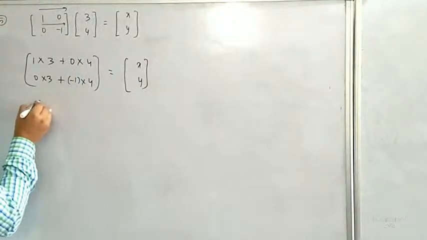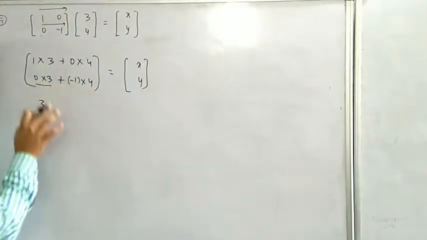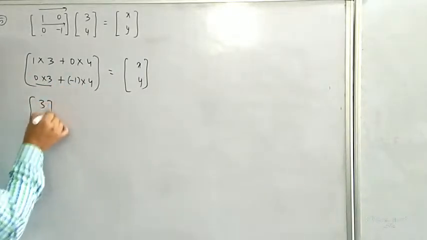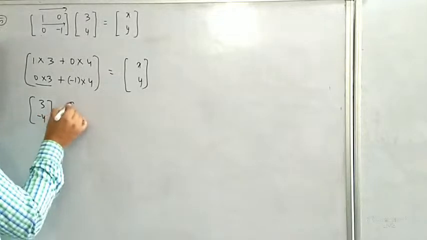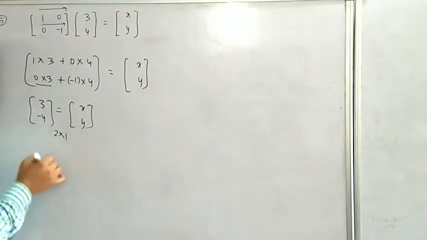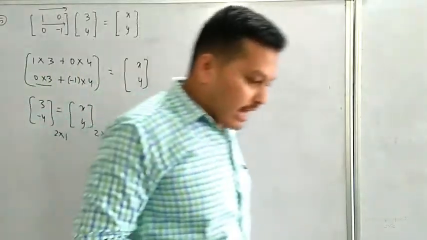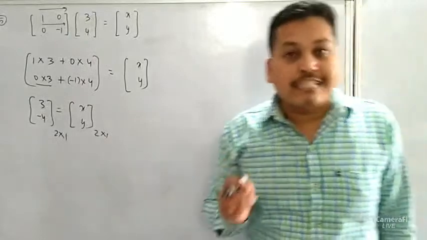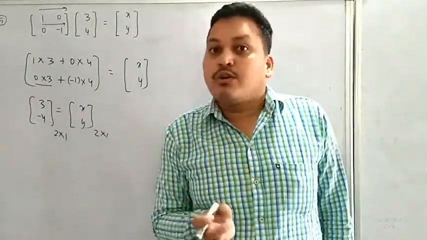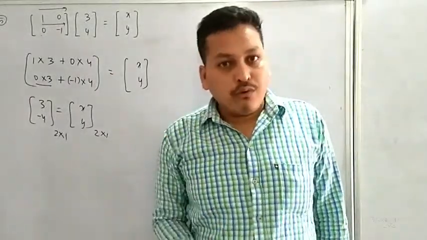Solve it: 3 times 1 is 3 plus 0. 0 into 3 is 0, and 4 into minus 1 is minus 4. So the answer is a 2 cross 1 matrix [3; -4] equal to [x; y]. Now check, the order of this matrix is 2 cross 1, 2 rows and 1 column. And I told you at the starting of the matrix chapter that when two matrices of the same order are equal, their corresponding elements are also equal.